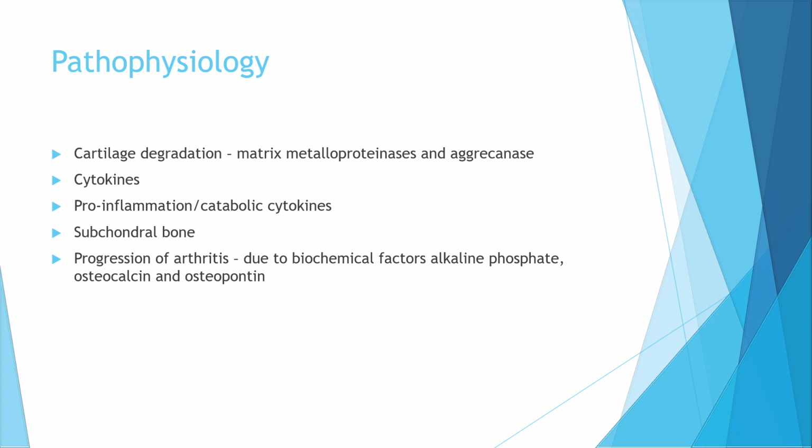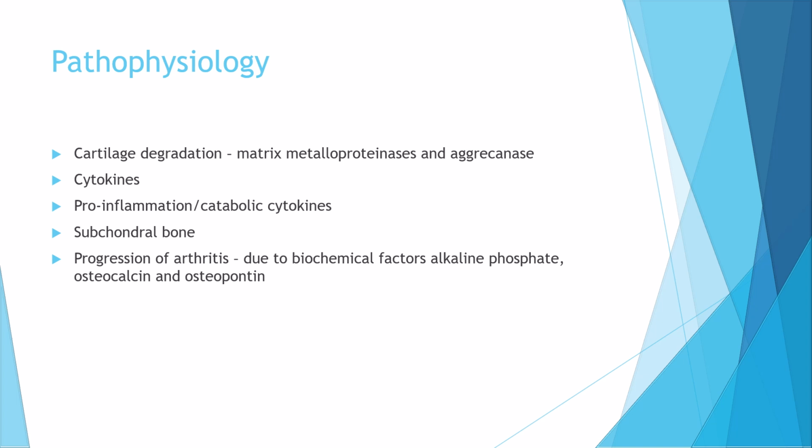So you have cytokines. The cytokines and the growth factors are produced in the joint tissue and released into the synovial fluids. These factors are released in low levels and are required for normal homeostasis. The balance may be disturbed in osteoarthritis.